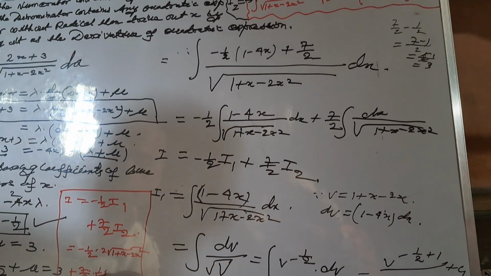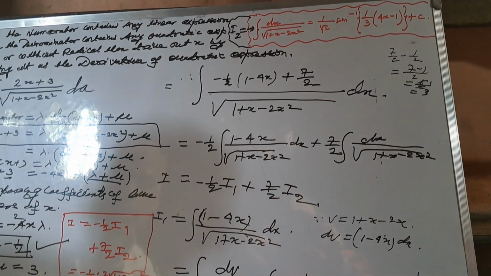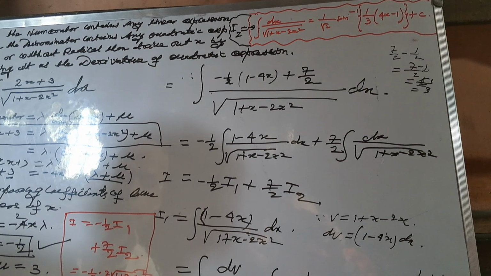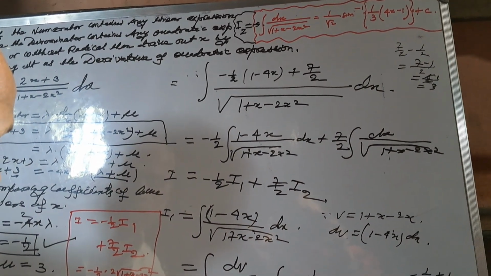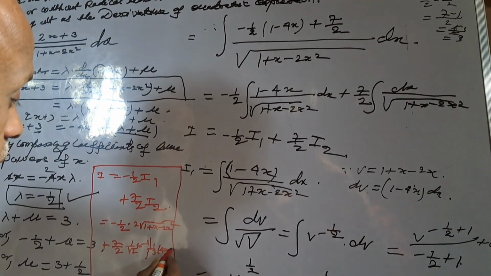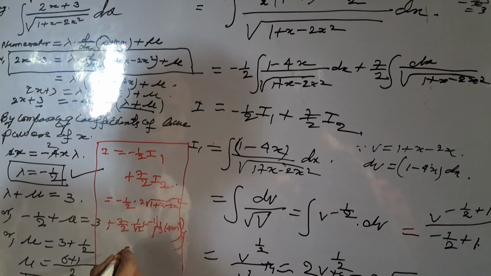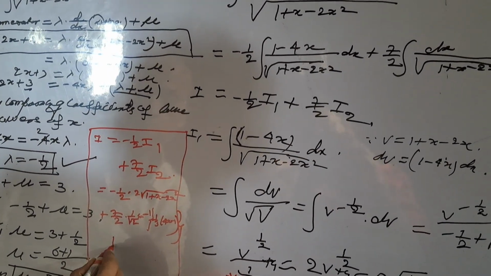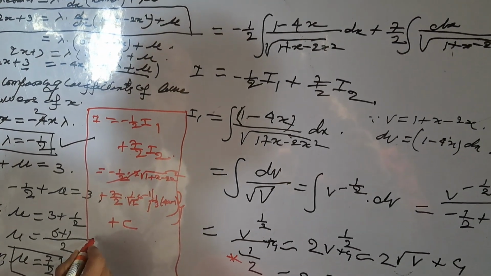sine inverse of 1 by 3 (4x minus 1) plus c, and the 2 has been cancelled out.